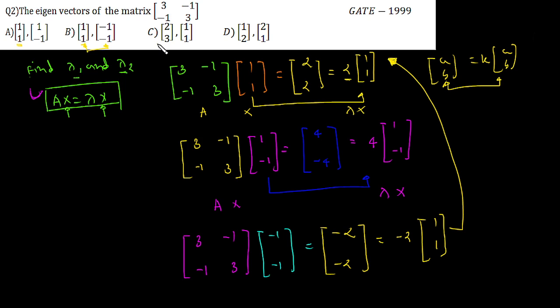Now you can also check options C and D. They couldn't satisfy this condition, Ax equals lambda x. Here it is the rare case such that these two vectors are just the same as this first one, simply multiplied with minus 1. So we have to choose option A, because it is the correct set of eigenvectors. They are asking about two different eigenvectors, so we have to select option A.